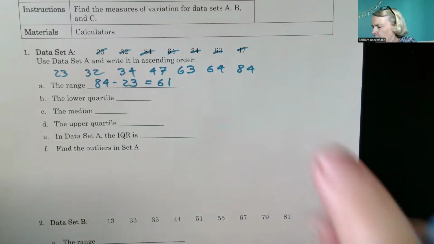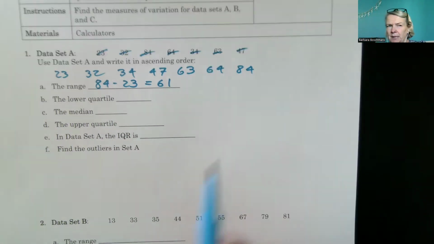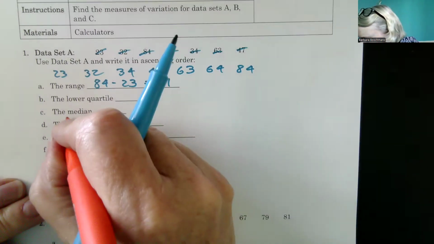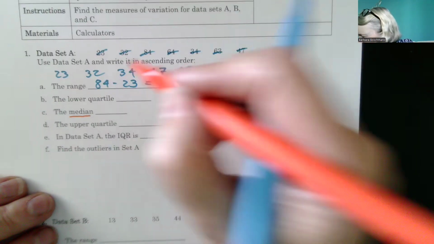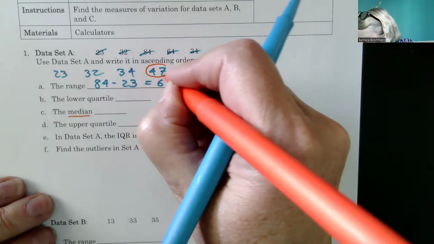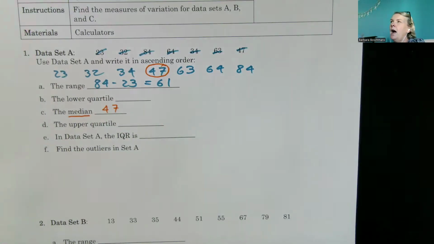Okay. And we have 1, 2, 3, 4, 5, 6, 7 numbers. That means the median is going to be a middle number. So 1, 2, 3, and it's going to be 47. If it's an odd set of numbers, so we have 7, that means there's one number that is the median.